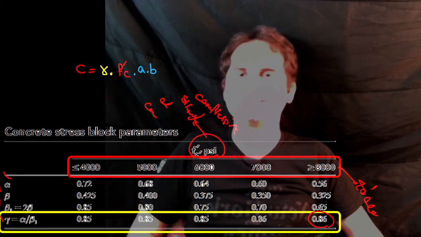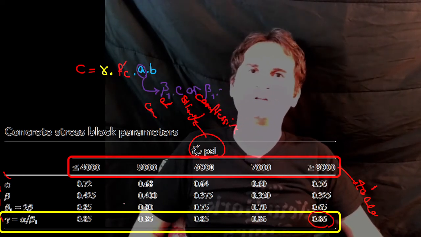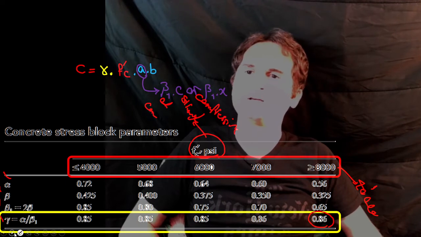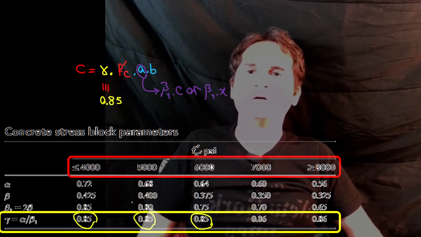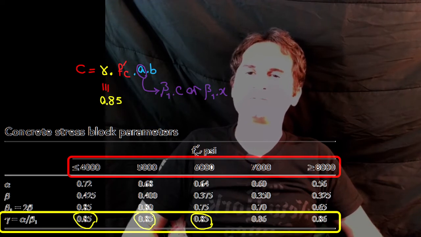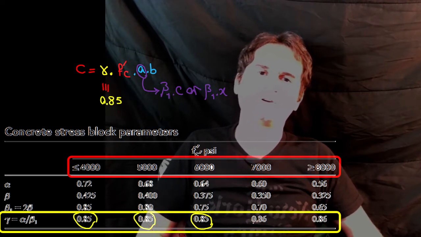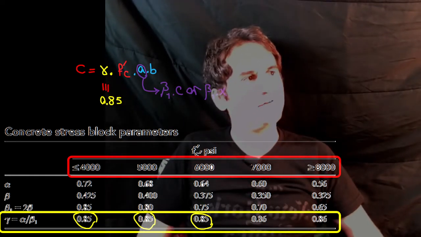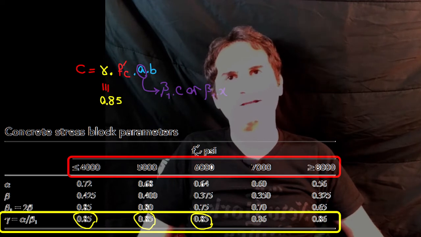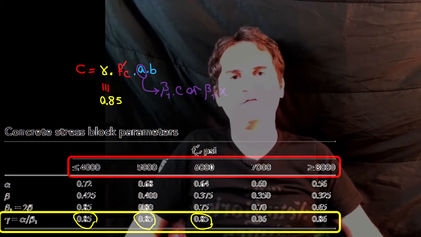So one can easily say that for most cases, gamma can be replaced by 85%, because it is an average of them, and three of them are 85.